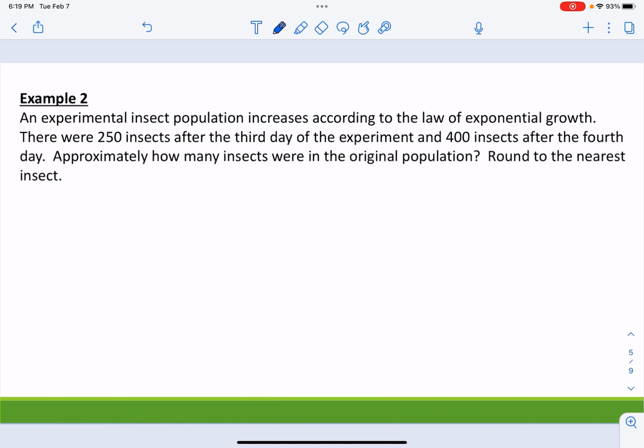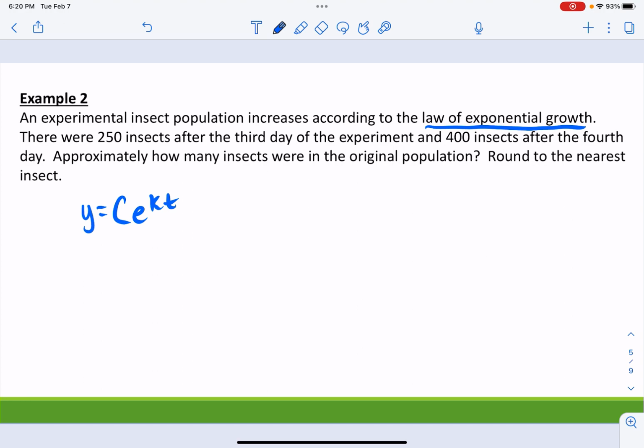Okay, an experimental insect population increases according to the law of exponential growth. Remember, our law of exponential growth is this. There were 250 insects after the 3rd day of the experiment and 400 insects after the 4th day.